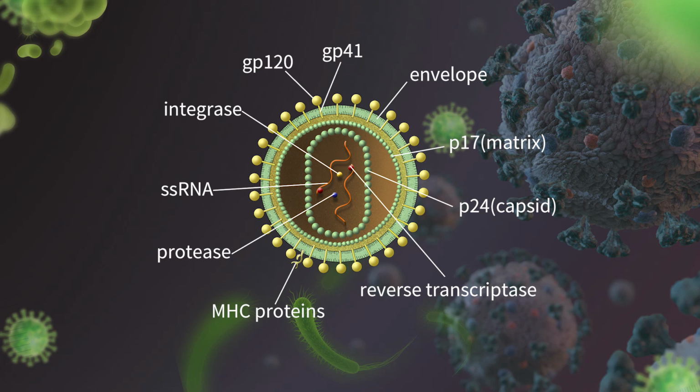GP120 is the attachment protein, interacting with the primary receptor, CD4, and the co-receptor on host cells. The envelope surrounds the viral matrix, P17, and the core or capsid, P24. The HIV genome consists of 2 copies of linear single-stranded RNA, which are associated with reverse transcriptase, protease, and integrase.